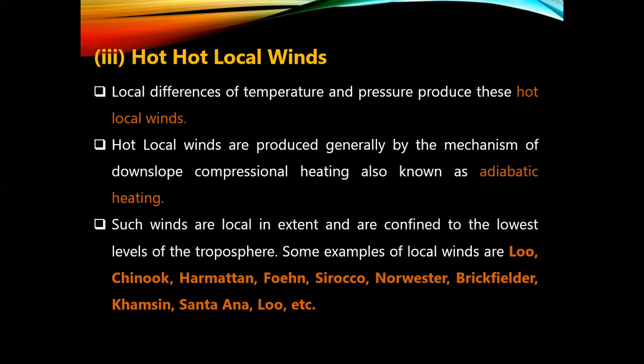Such winds are local in extent and are confined to the lowest levels of the troposphere. Some examples of hot local winds are Loo, Chinook, Harmattan, Foehn, Sirocco, Nor'wester, Brickfielder, Khamsin, Santa Ana, etc. Now, we will focus on a few of the important hot local winds.